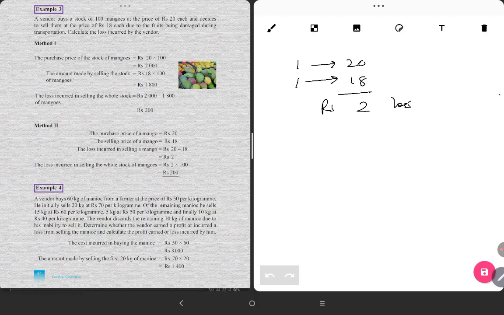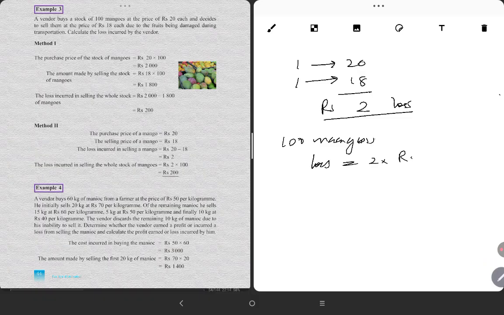And now he has purchased 100. So for each mango a 2 rupee loss, and for 100 mangoes, loss equals 2 times 100, which is 200. So a 200 rupee loss is what he is making in this particular transaction.